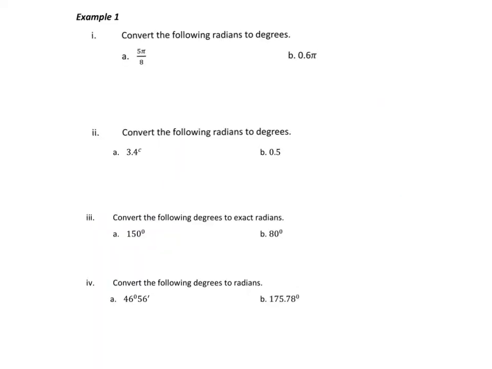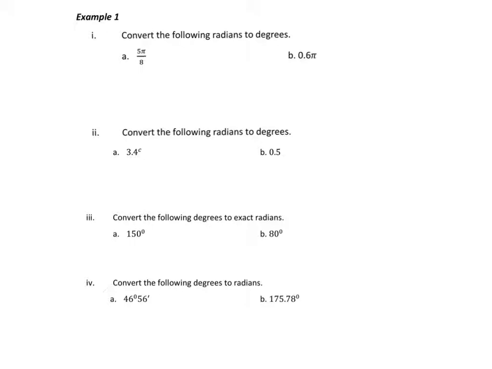Let's start with converting from radian to degrees. Now, you will notice that when we have a pi in our value, it is considered to be a radian. So 5 pi on 8, remember pi is equivalent to 180 degrees, and I want to know what that is in degrees.